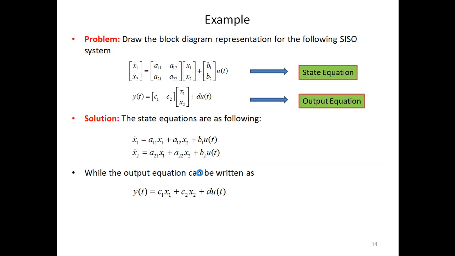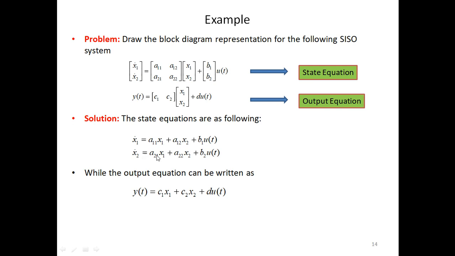Now, for more clarity, we should consider an example of a second order system. It is asking about the block diagram representation of the system. So this is a second order system. Here this is the state equation and this is the output equation, y(t). Exploring the state equations, x1 dot equal to a11 x1 plus a12 x2 plus b1 u(t).